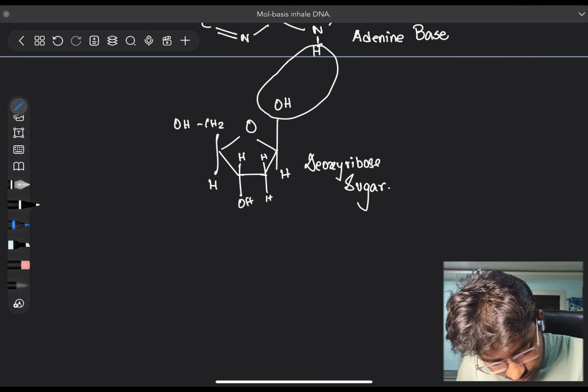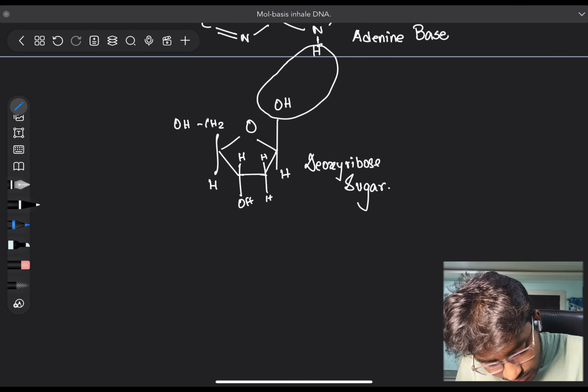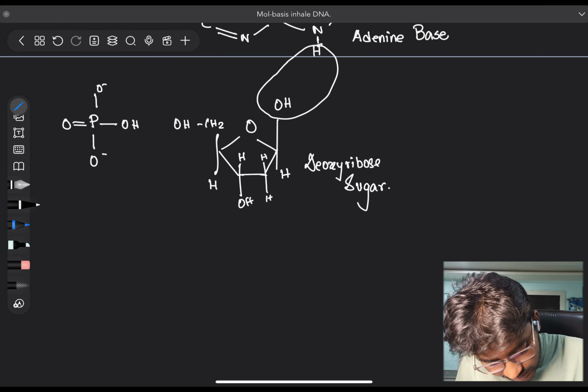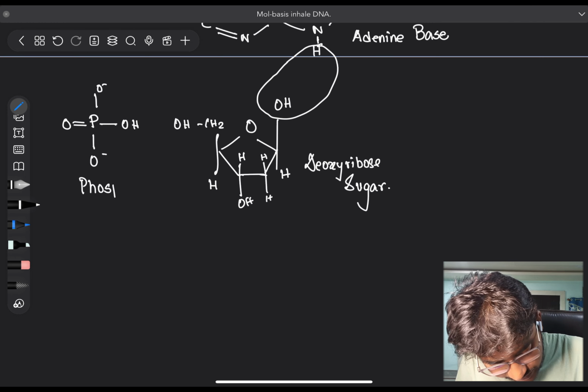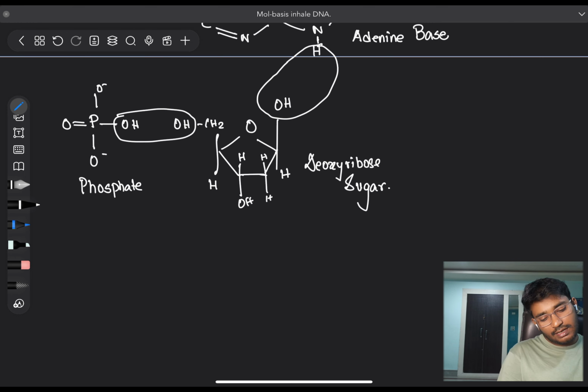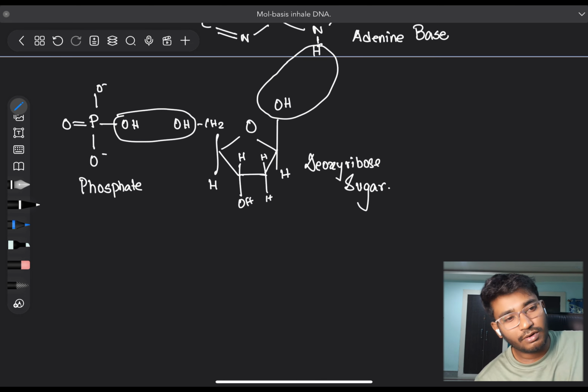Now this hydroxyl group also binds with phosphorus: double bond O, single bond OH, here one O negative and here O negative. This is a phosphate group. These two hydroxyl groups make a bond.